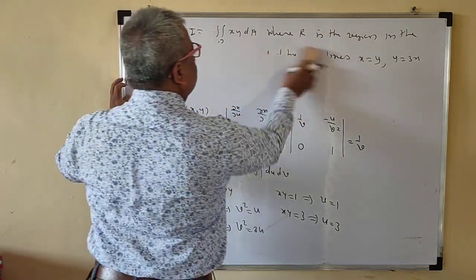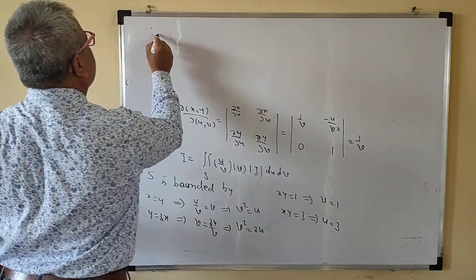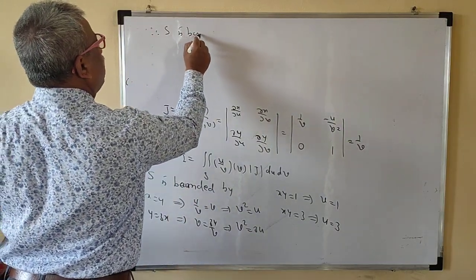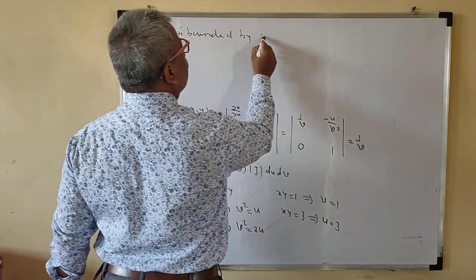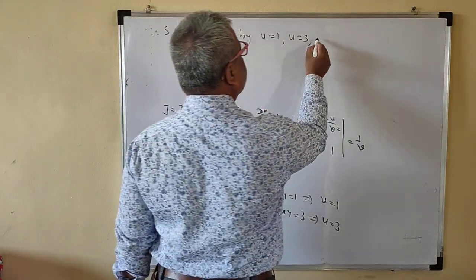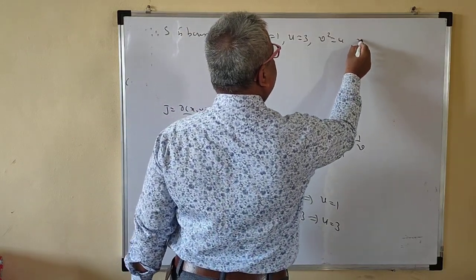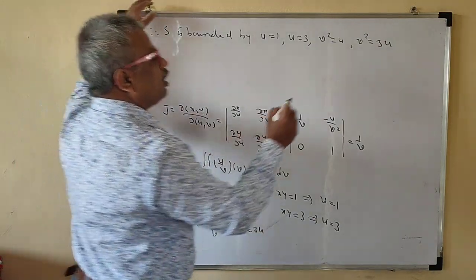So no need to do this. Therefore S is bounded by u is equal to 1, u is equal to 3, v square is equal to u, and v square is equal to 3u. Okay. So we draw the region now.